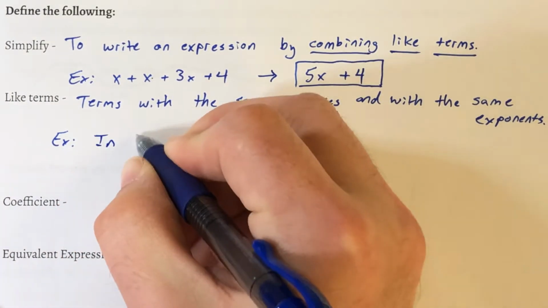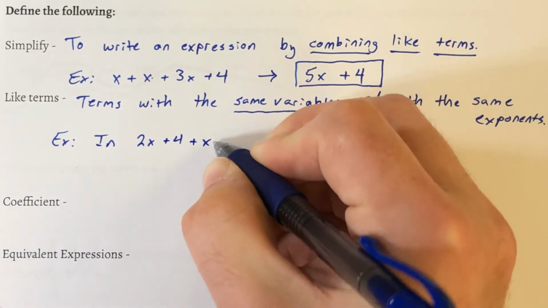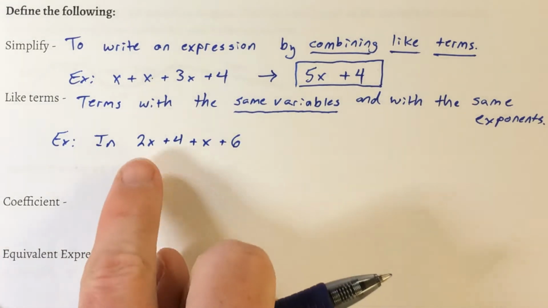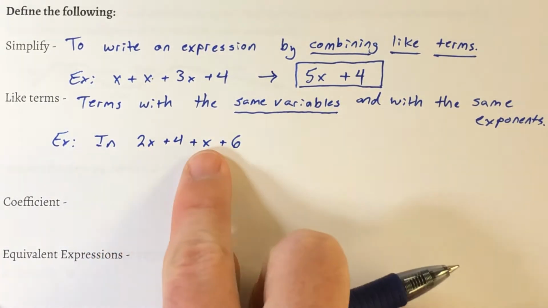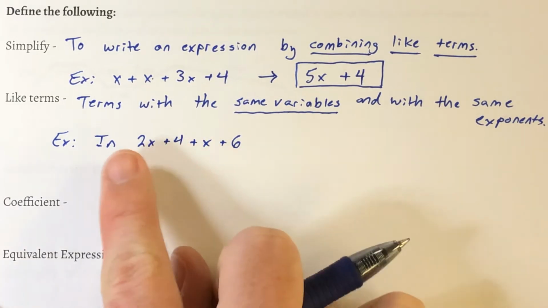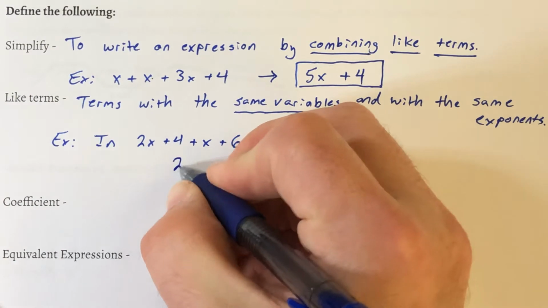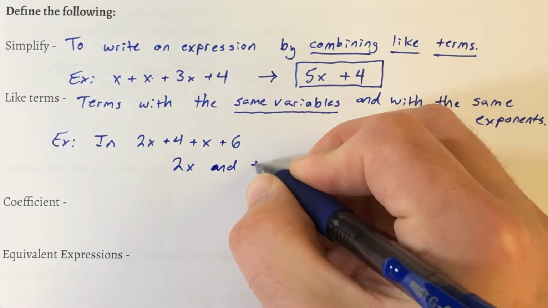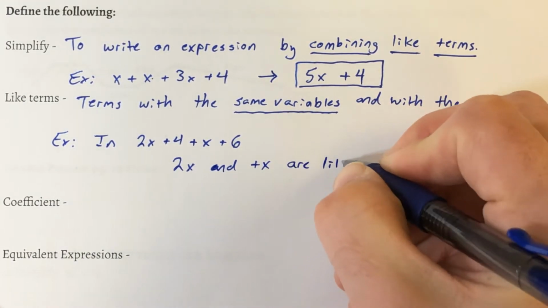In the example 2x plus 4 plus x plus 6, you'll notice which ones have the same variables? Well, the 2x and the positive x. They both have x's, so they're like, part of the x club. So that means 2x and positive x are like terms.